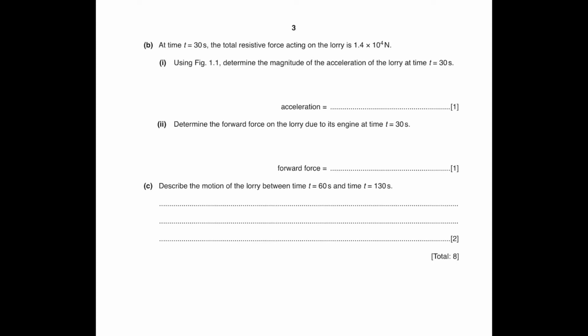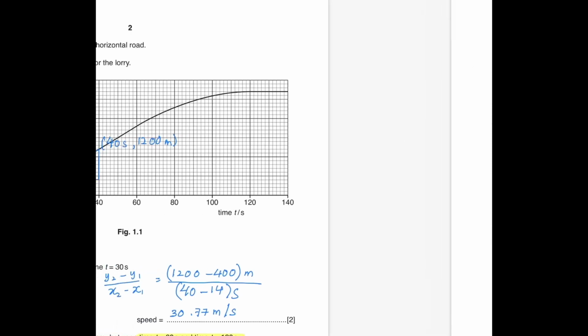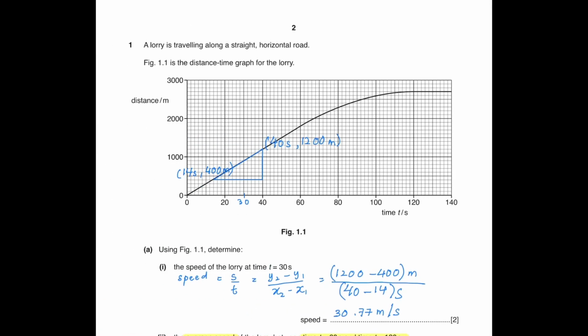Right, so look at the graph again. So here is the point where t equals to 30 seconds. Right, so from the graph you can see that we have a constant gradient.